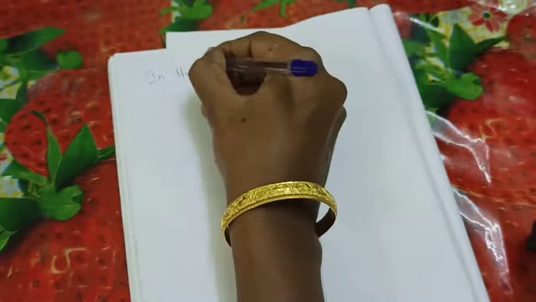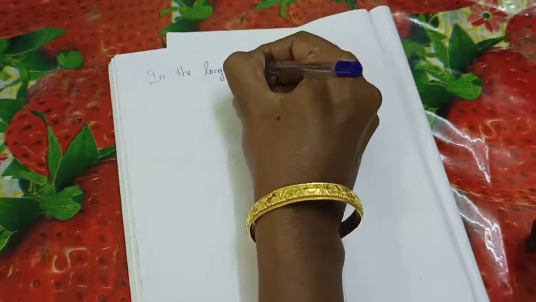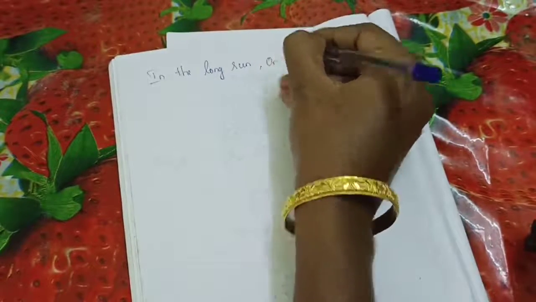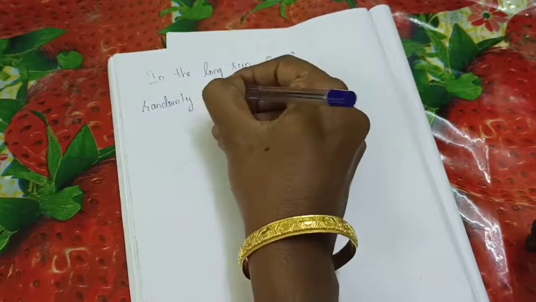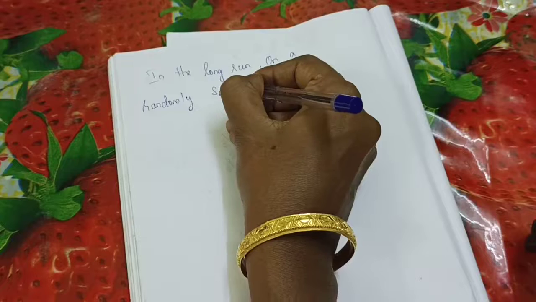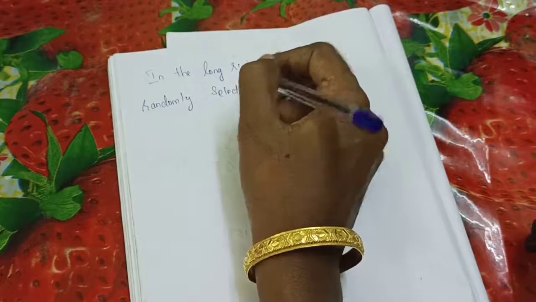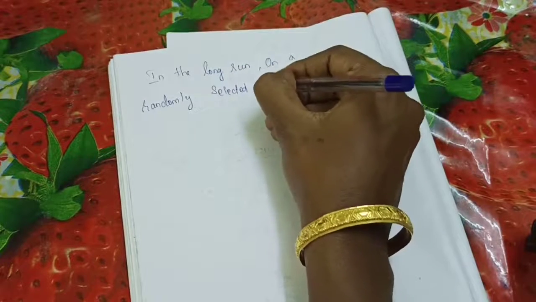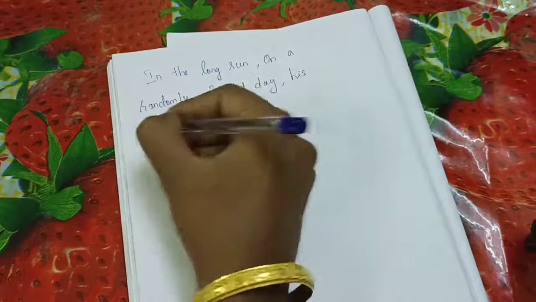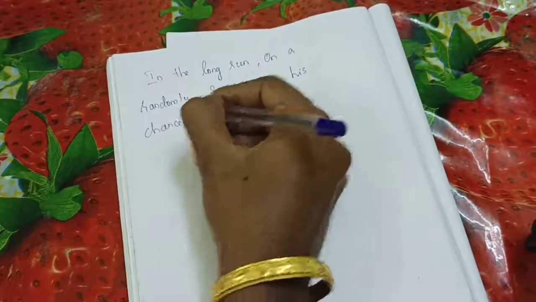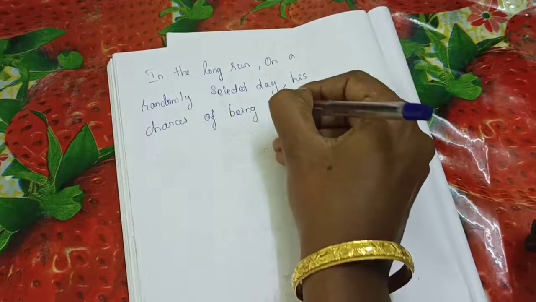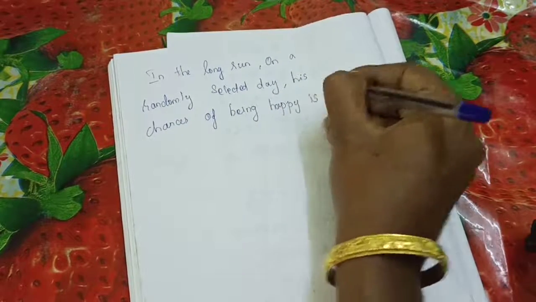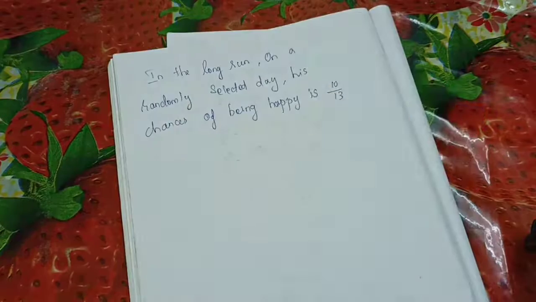So in the long run, on a randomly selected day, his chance of being happy is 10 by 13. Understand?